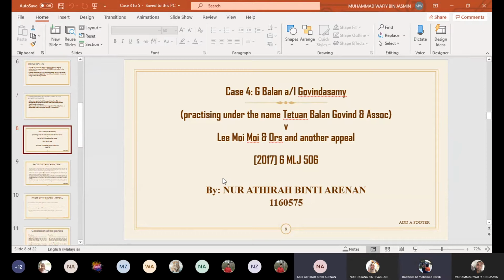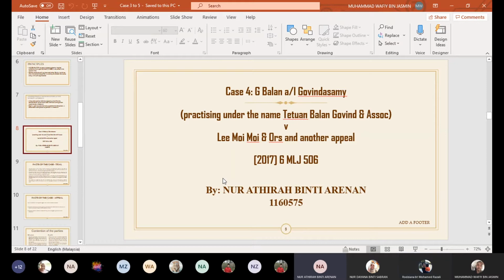Okay, madam? Yeah. Okay. So in this case, warranty of authority is related to the agent and principal relationship under the Contract Act 1950. Basically, the general rule under Section 183 of the Contract Act is that where an agent has contracted as an agent, the agent cannot be made personally liable to the third party who contracted with him.